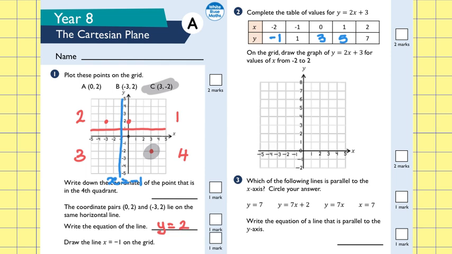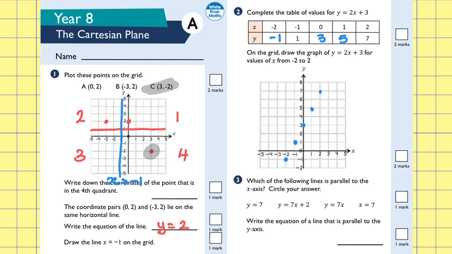On the grid, draw the graph y equals 2x plus 3 for the values x from -2 to 2. So -2, -1, then -1, 1, 0, 3, 1, 5, and then 2, 7.